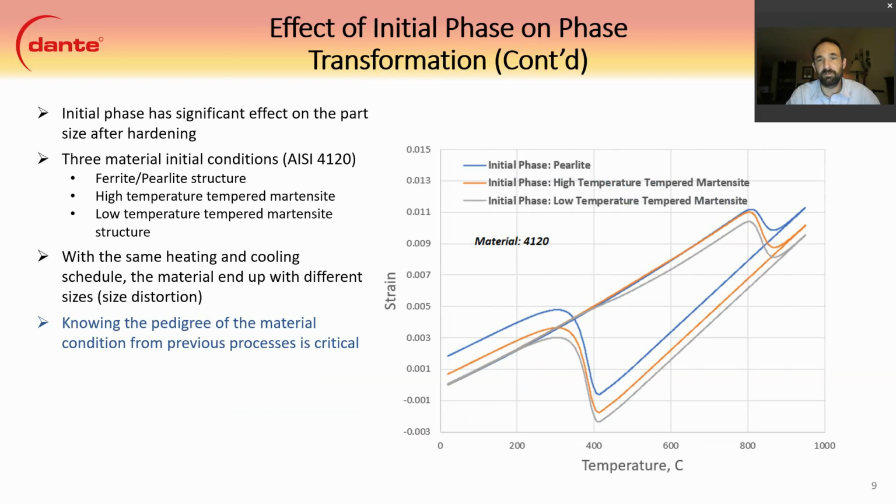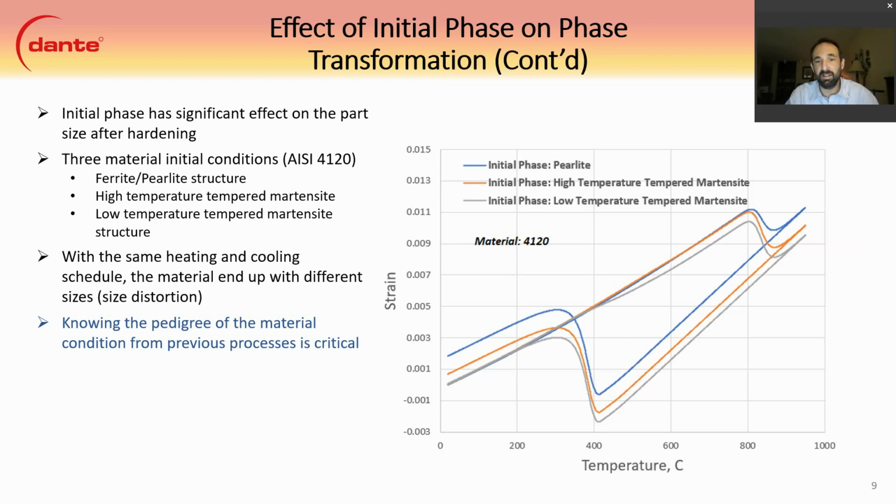The effect of the initial phase is also carried over to the martensite transformation strain. Here we have three graphs. The blue line is an initial phase of pearlite. The orange line is high temperature tempered martensite, and the gray line is low temperature tempered martensite. And you can see that it does not affect the MS at all.